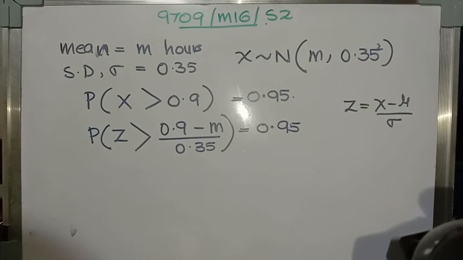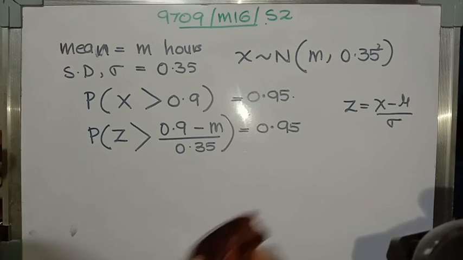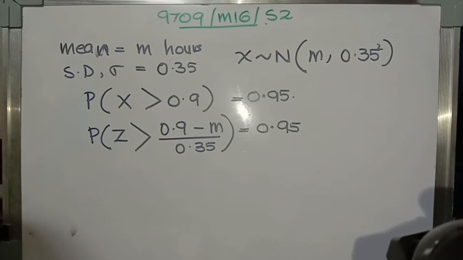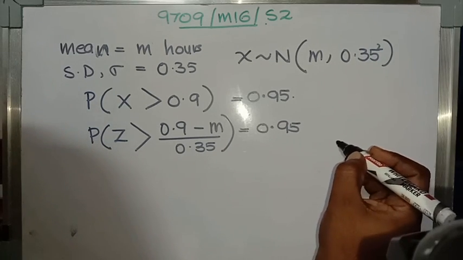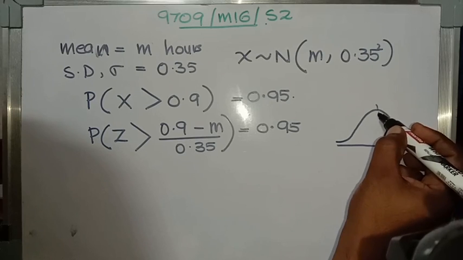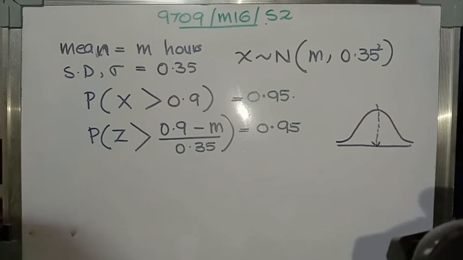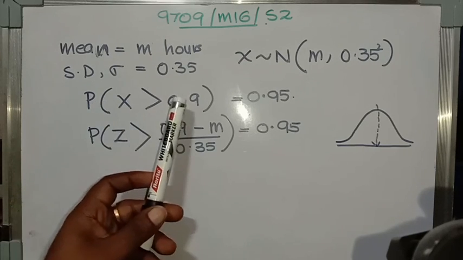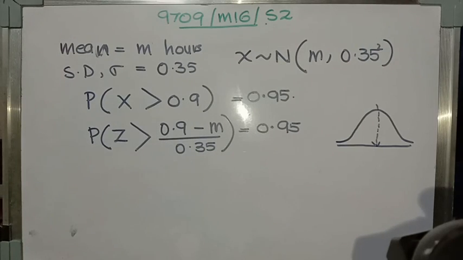So here one of the important facts which we need to consider is about the normal distribution curve, and also the position of the point where it lies, right to the mean or left to the mean. So when we consider the curve, this is the mean value, and it is given that probability of x greater than 0.9 is 95%.